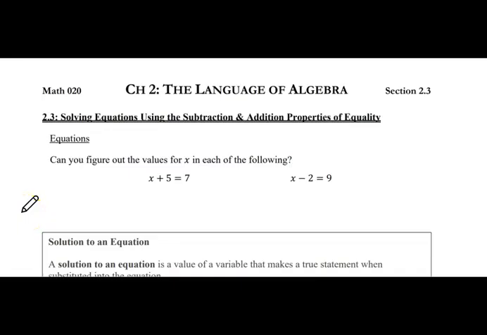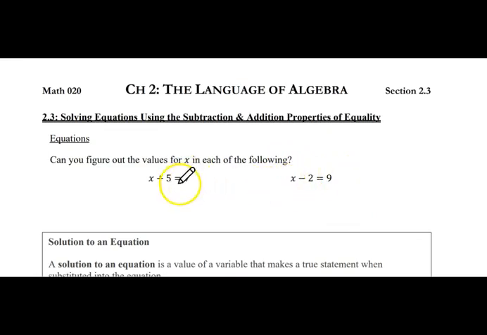Before we formalize the rules for how to solve equations using subtraction and addition properties, let's take a look at the first two examples, very simple examples, and see if we can just solve these two equations without actually going through the process.